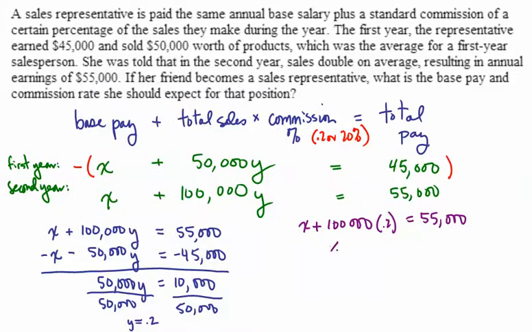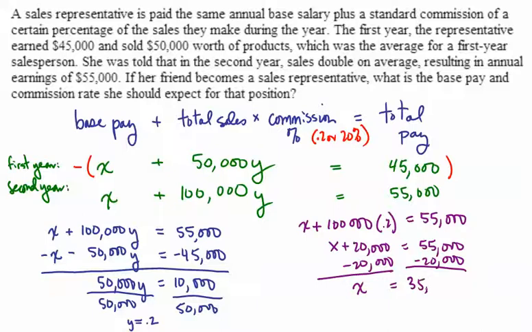So x plus 20,000 equals 55,000. Subtracting 20,000, we get x is equal to 35,000. And what is x? X is our base pay.